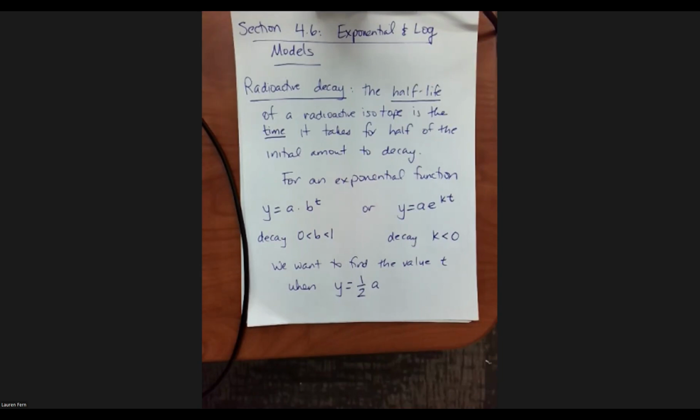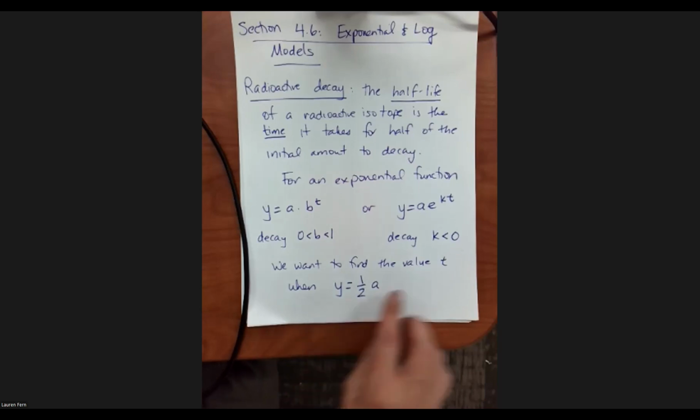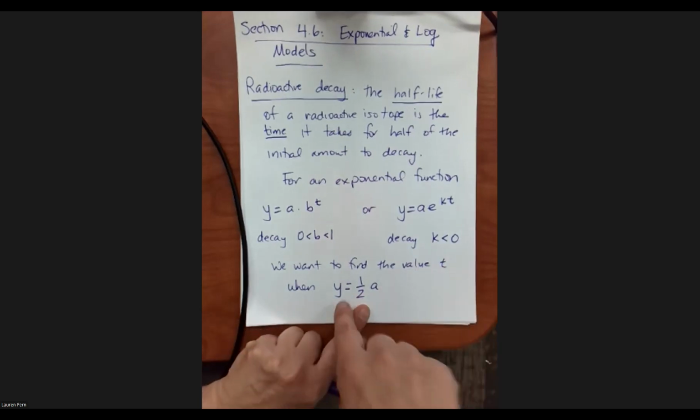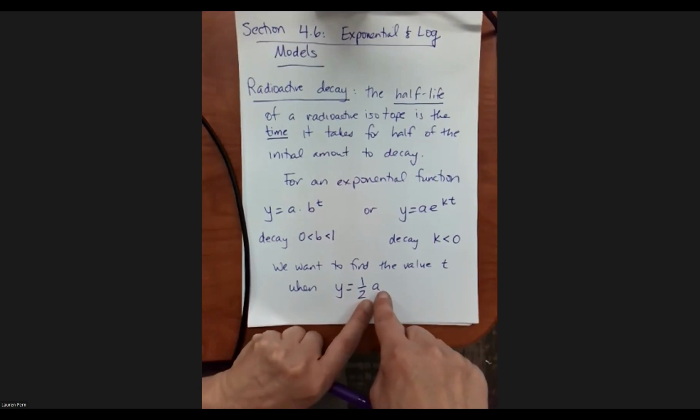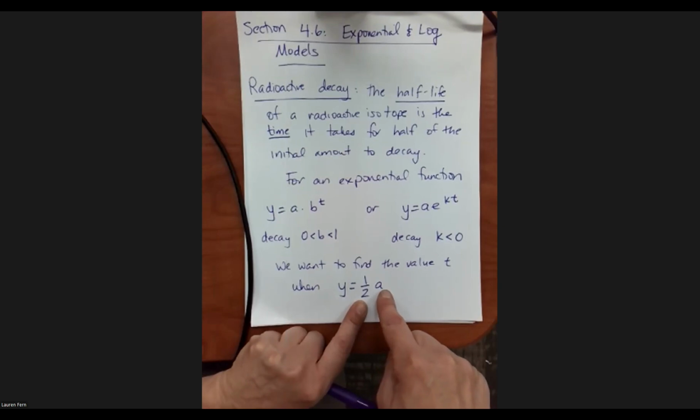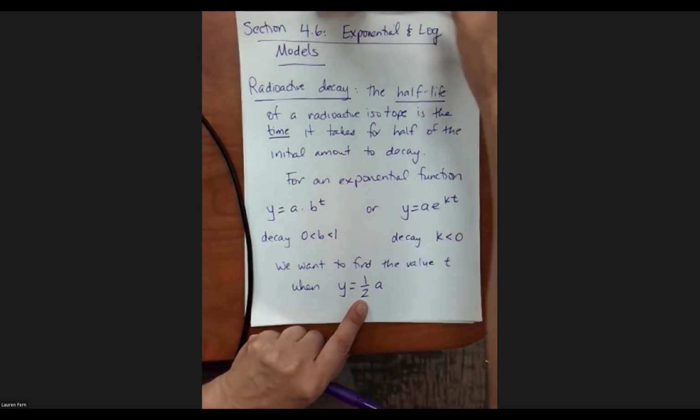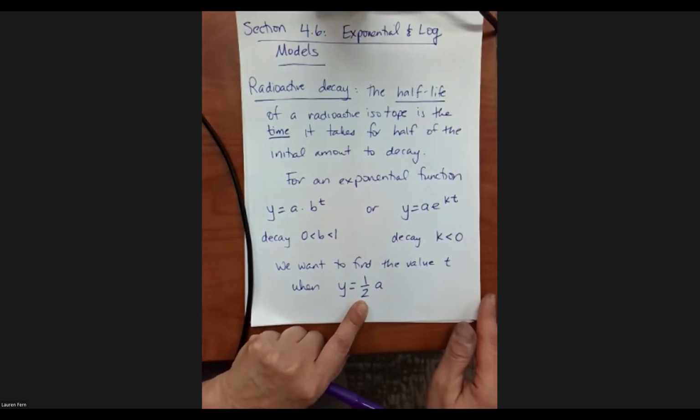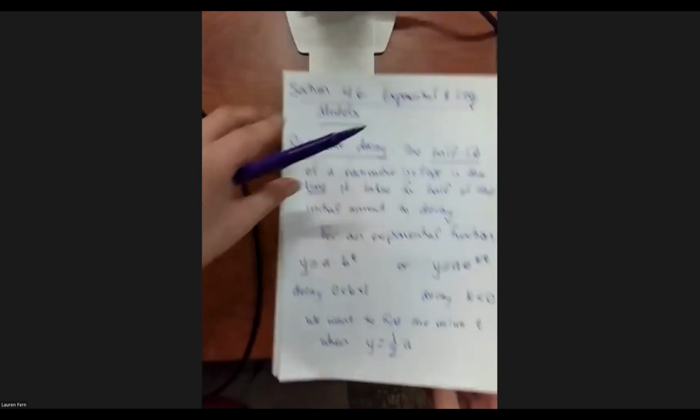Does that make sense how I wrote that out just now? Now we will take it a little bit further in a second. Remember, the half-life is the time so that we have 1/2 of the initial amount. And our initial amount we've been representing with A. Questions here? Okay.